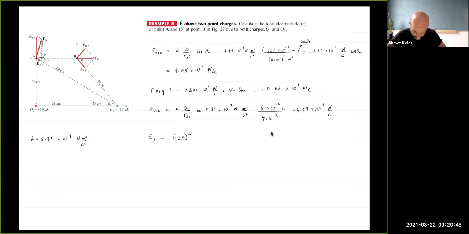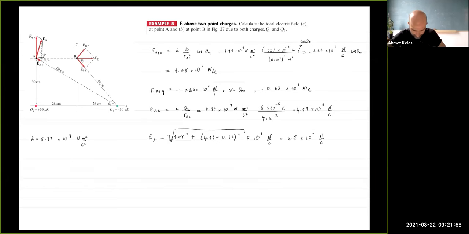Oh, sorry, 1.08 squared plus 4.99 minus 0.62 squared, and take the square root of everything, times 10 to the 6 Newton per Coulomb. That is 4.5 times 10 to the 6 Newton per Coulomb.